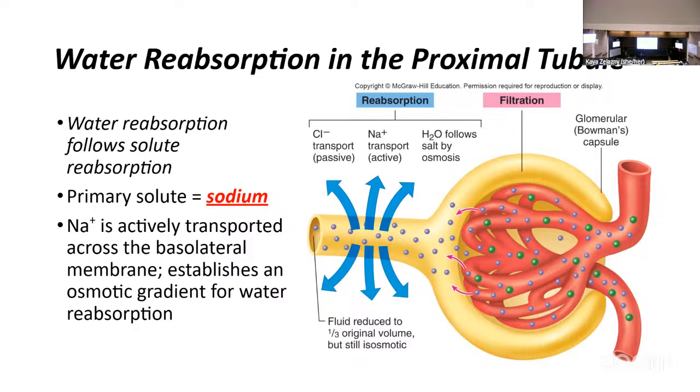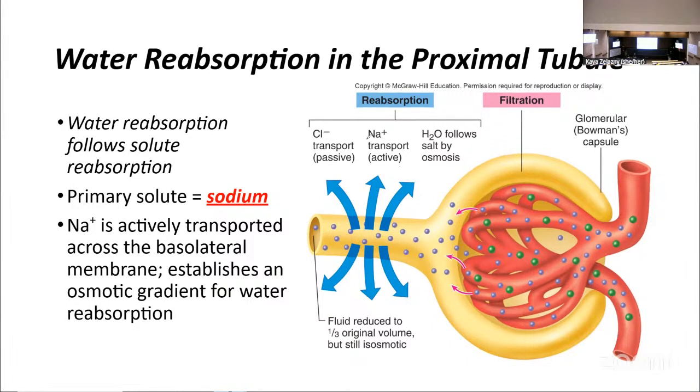So moving these solutes, moving sodium, is part of what's helping us establish a situation where we have a pull on water from the structures outside the nephron, okay? So we're going to be thinking about water following these solutes. So we actively transported sodium back to the blood, right?